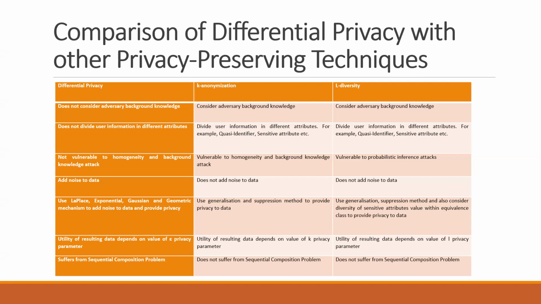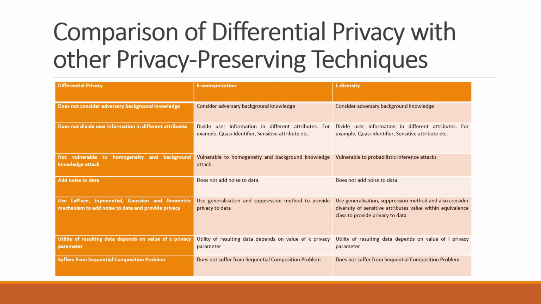This is the comparison of differential privacy with K anonymization and L diversity. Differential privacy does not consider the adversary's background knowledge, whereas K anonymization and L diversity do. It also does not divide the information into different sets of attributes.